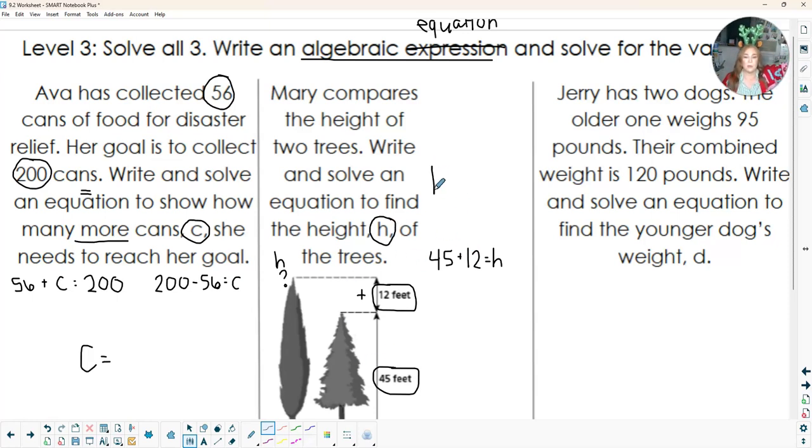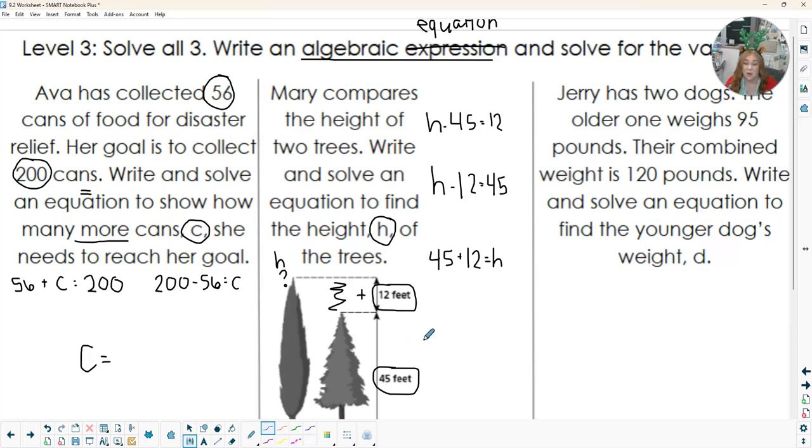So our total is H. And we are going to take away this difference here, right? This difference here is 12. If I take away the difference, that should leave me with 45, this other tree. Or I can take the height of the tree, I can take away the other tree, and that will leave me with the difference of 12.